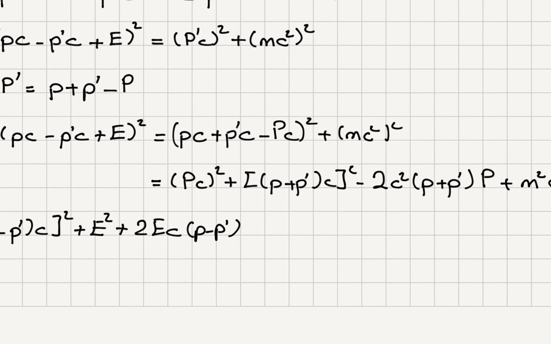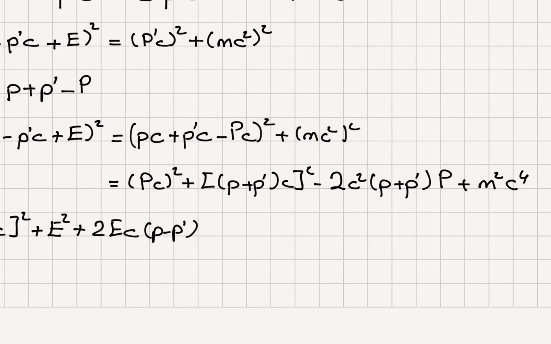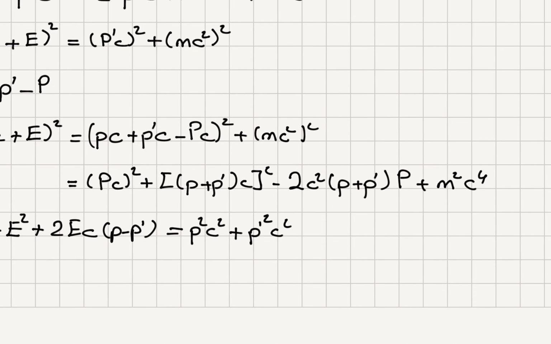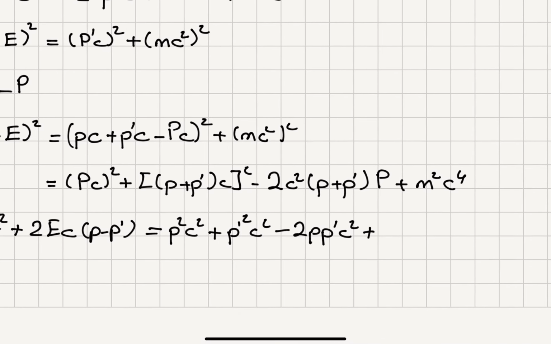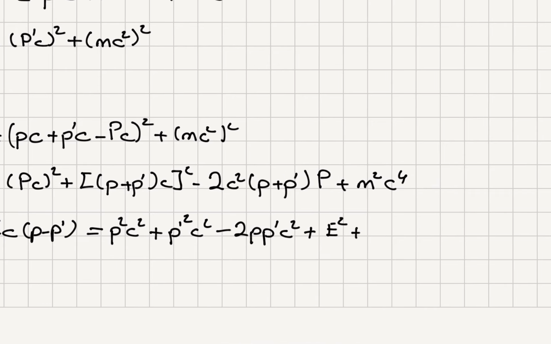And for the right hand side, if I expand this further, p squared c squared plus p prime squared c squared and minus 2p p prime c squared plus e squared plus 2e p c minus 2e p prime c.